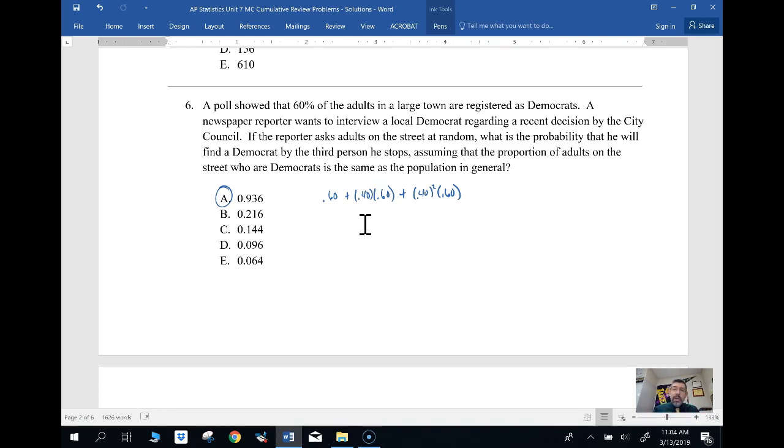We know this is a geometric because it's saying what's the probability we'll find our first Democrat by the third person. So that is geometric because we're looking for the first success on the nth trial. Whereas a binomial, we are looking to see how many successes out of a certain number of trials. Okay, so that's the difference between a geometric and a binomial.